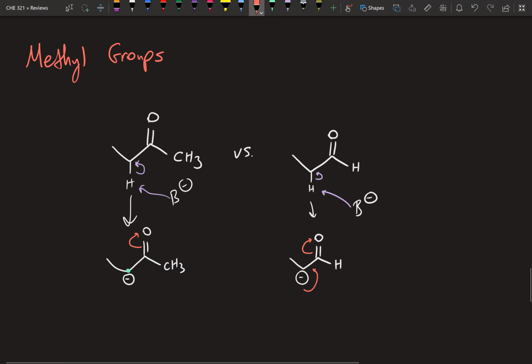Because a methyl, or really not just methyls, but any of those carbon chains, you could replace that CH3 with an ethyl group or any other carbon chain, they're all known as electron donating groups. And so if we look here, just know that this is not a resonance arrow that I'm drawing. It sort of pushes electrons that way, just as this lone pair will donate electrons that way. Okay?